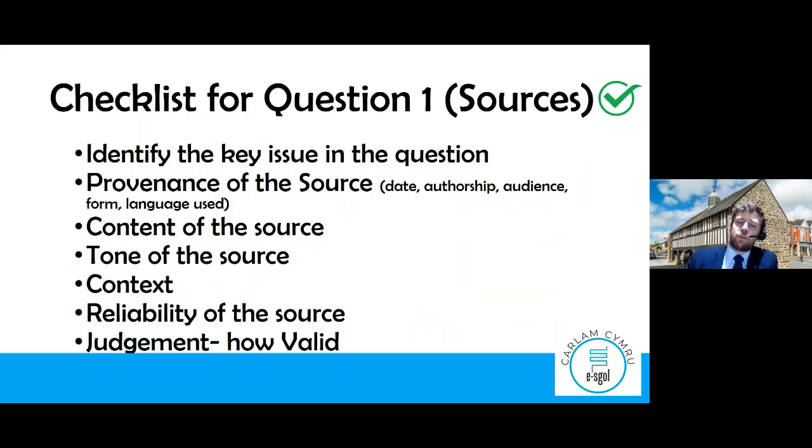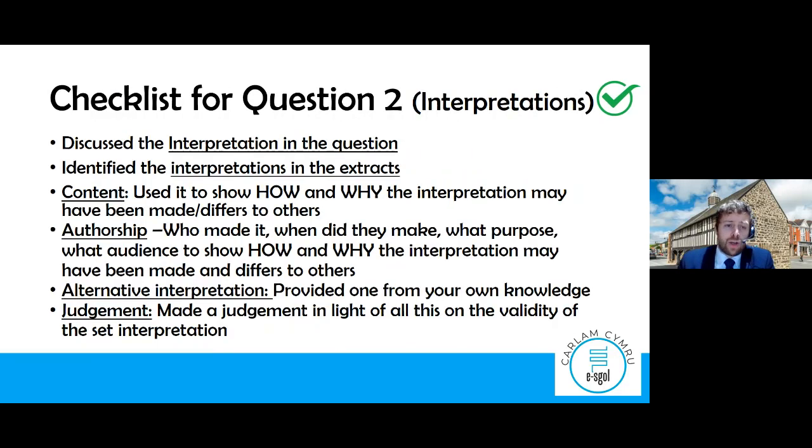And so, just a little reminder, this is our checklist for question 1 sources, right? Identifying a key issue in the question, looking at the provenance of the source, the content, the tone, the context, reliability, and judgment. And for question 2, discussing the interpretation in the question, identifying the interpretations in the extracts, content, looking at how and why that has made the interpretation and how and why it differs, looking at the authorship, who made it, when they made it, what purpose of it, and then alternative interpretation and judgment.